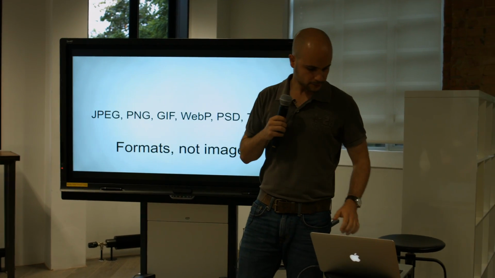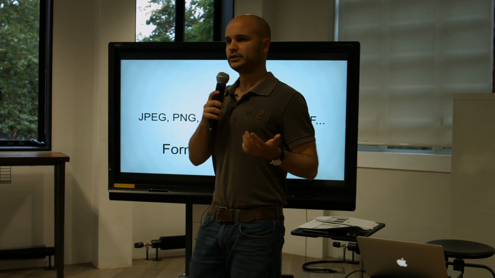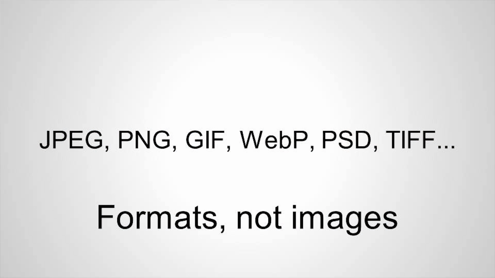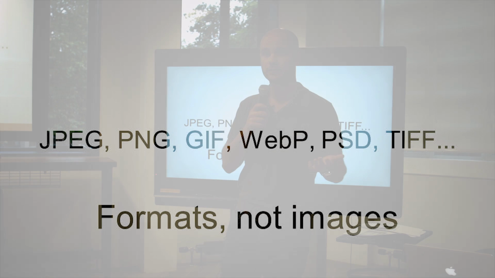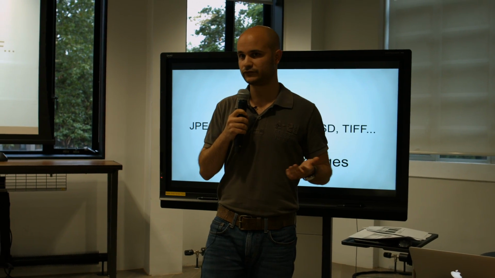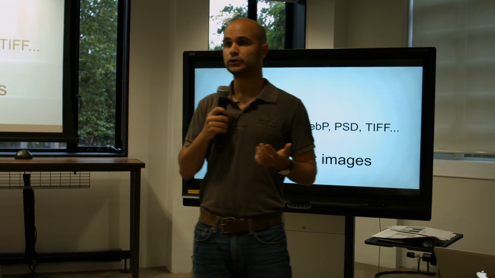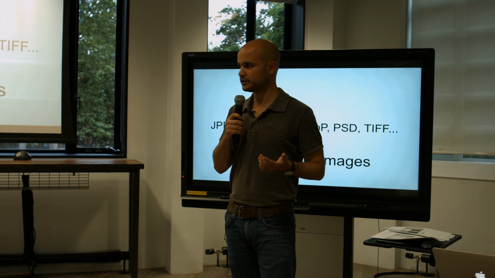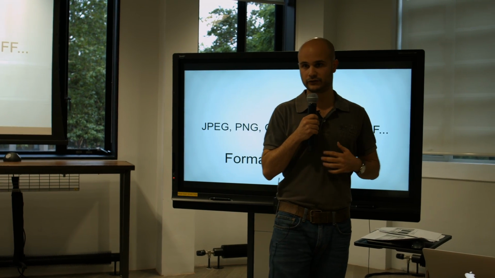But we don't deal with just images as arrays. We use image codecs, and we need them to store images efficiently on disk or send them over the network, because if we had to actually send 30 megabytes of data, it would be too much. So we use codecs to compress the images in different ways. And different codecs work in different ways.